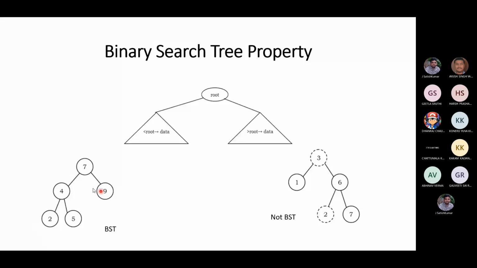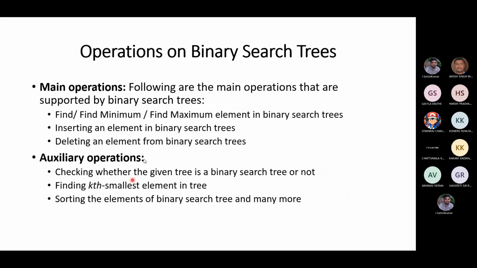You keep traversing towards the left and left till you reach the null node. That will be your smallest node. You keep traversing towards the right child to the right node till you encounter null. Then that node will be your maximum node, right? So finding a maximum or a minimum element in a tree will be very easy. Inserting an element, deleting an element is a bit tricky, but we can have these other auxiliary operations.